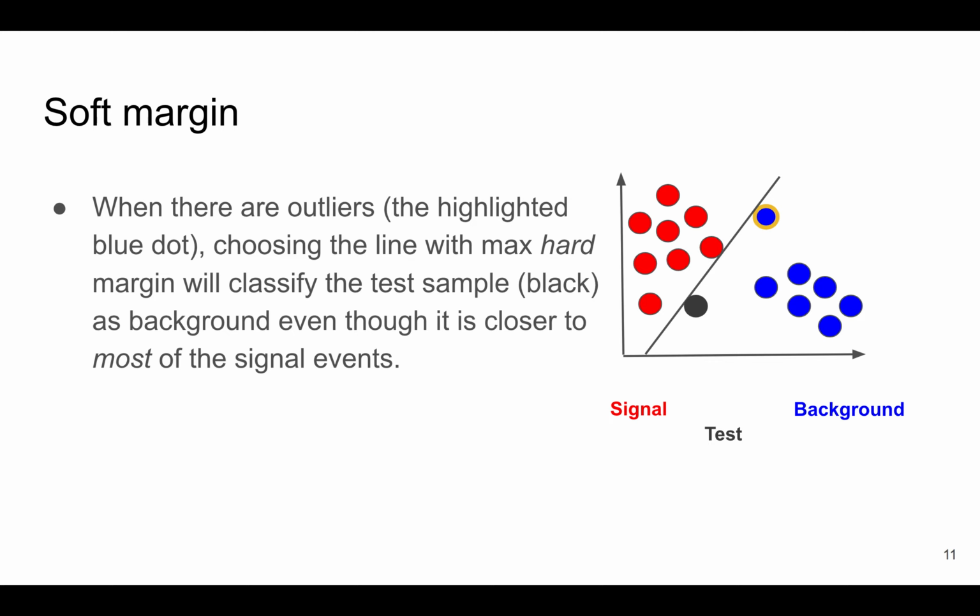It is a background event which somehow lies closer to the signals than other background events. When there are outliers, choosing the line with maximum margin based on support vectors will end up with a line that classifies the test sample on this plot as background, even though it is closer to most of the signal events.